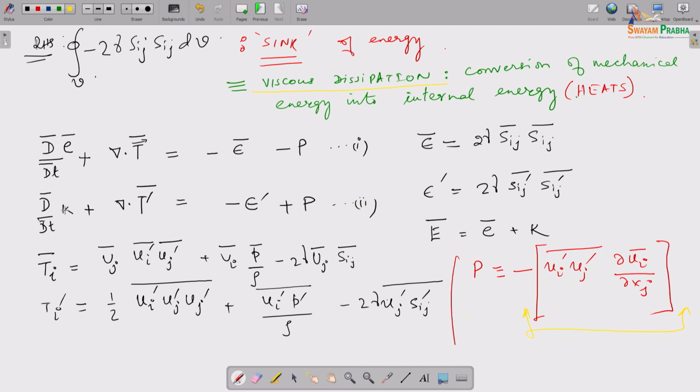So this P is actually adding to that. So I have rate of change of turbulent part of the kinetic energy, and P is mostly positive.